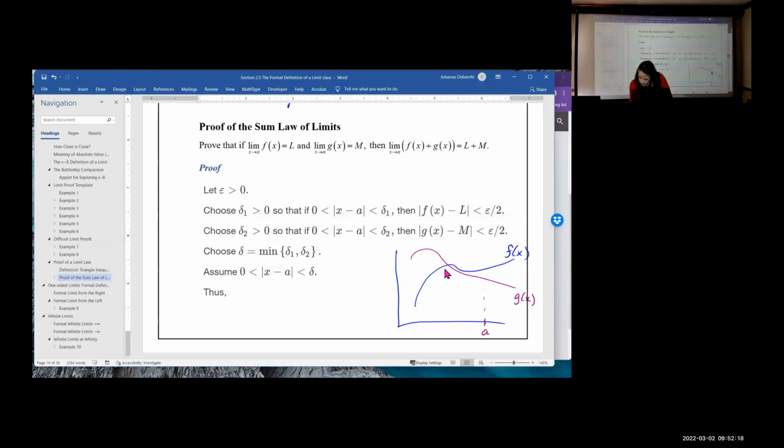All right. So coming across, the limit of g as x approaches a is M. And the limit of f as x approaches a is L. So these are different values. And I want to be within epsilon over 2 of each one of these.